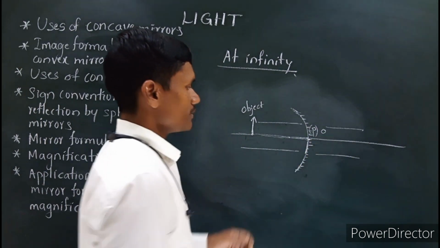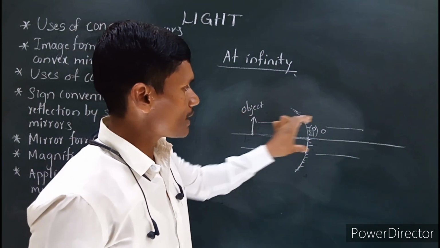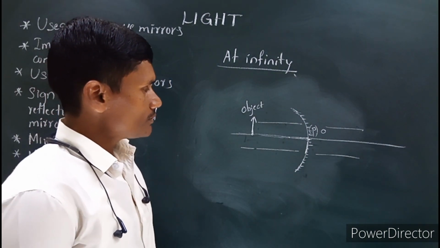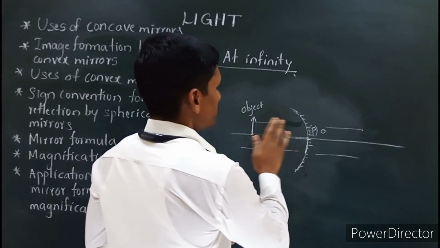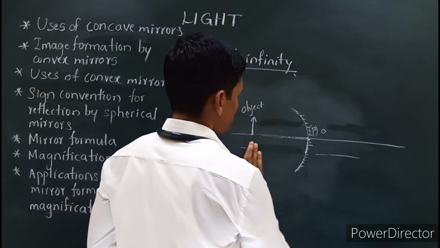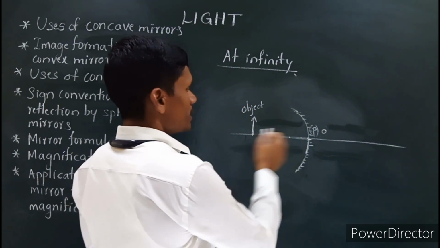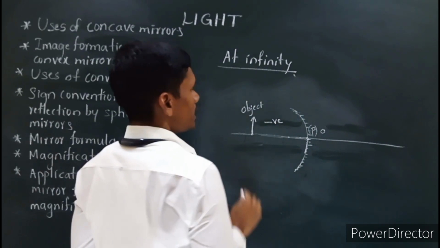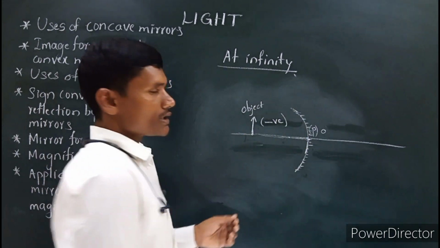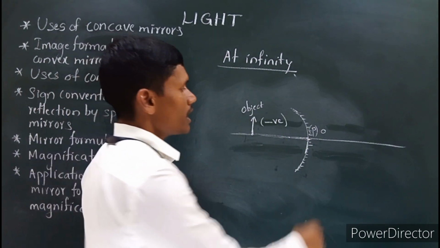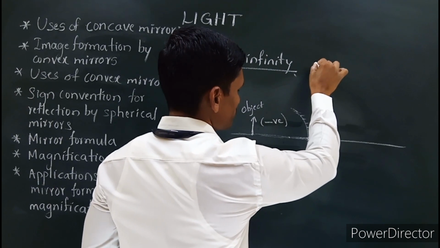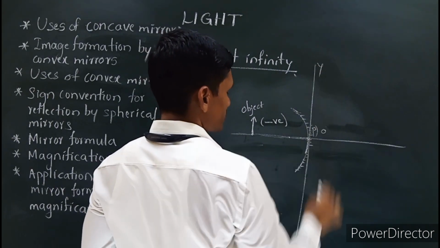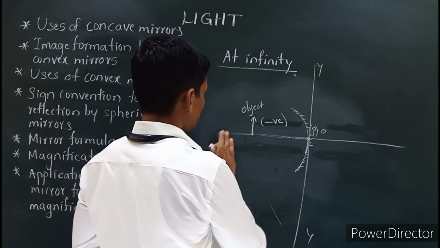Third point is, the distances measured to the left of the mirror are considered to be negative. They are negative values, because as you already studied in the graph, let us make this the y-axis and this the x-axis.